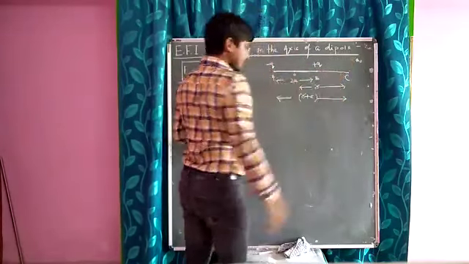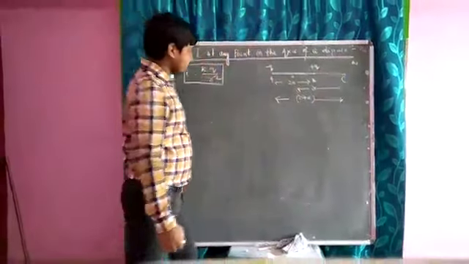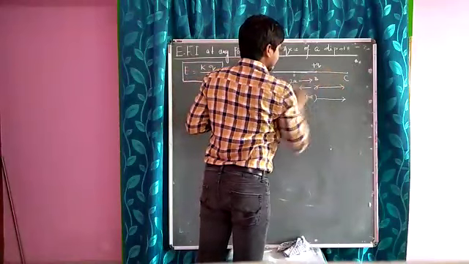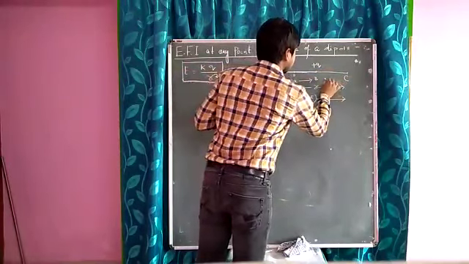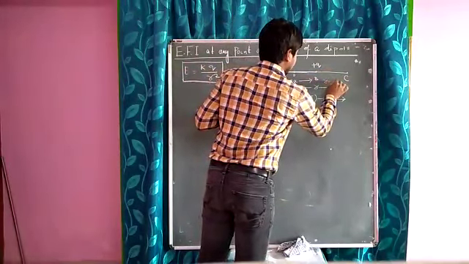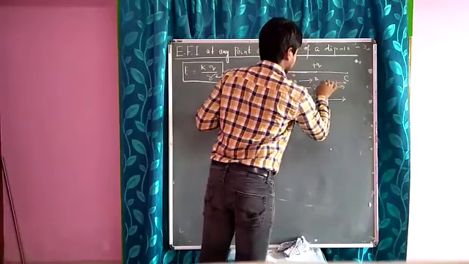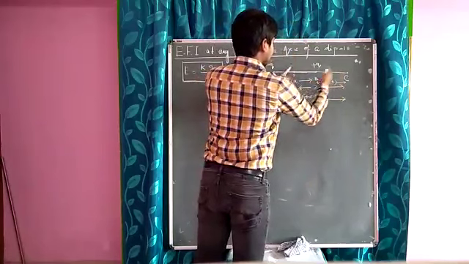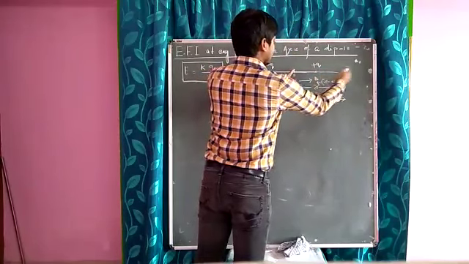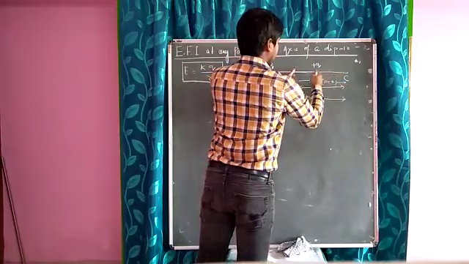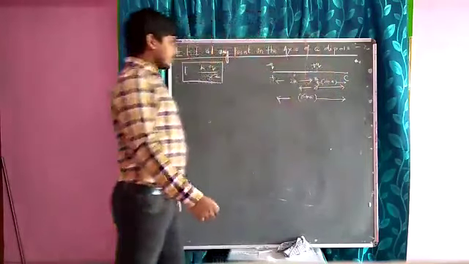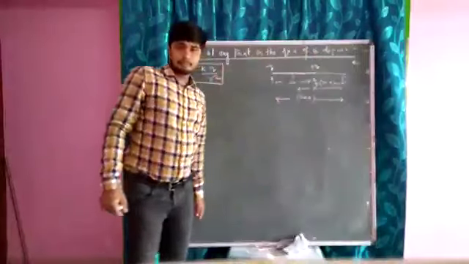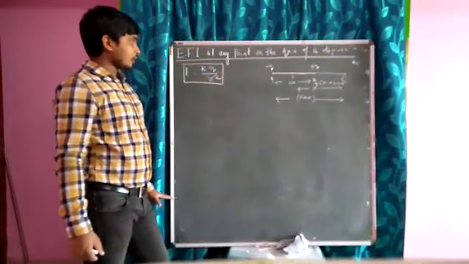So the total distance is r plus a, and the distance from B to C is r minus a. Why? Because from O to C the distance is r and O to B the distance is a. So this distance will be r minus a. We will get the distance of the point C from the point B. Is it clear?